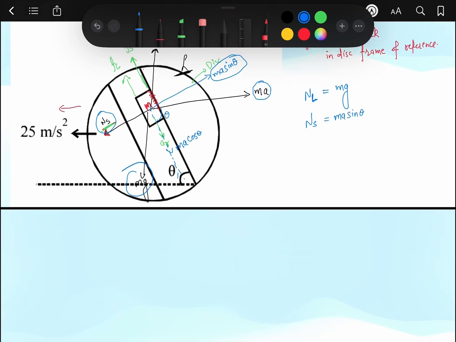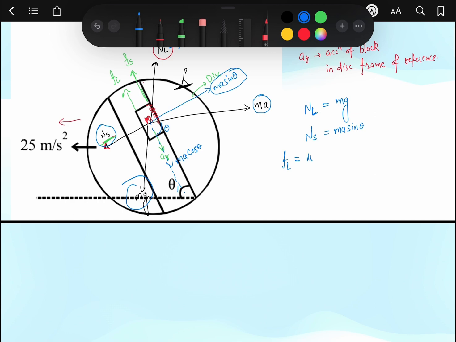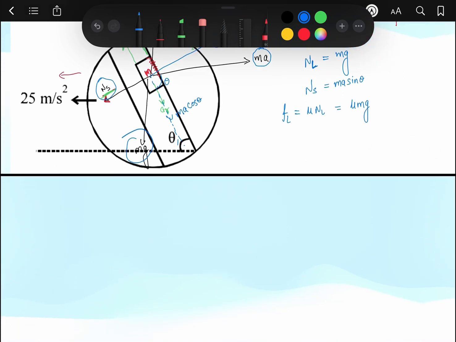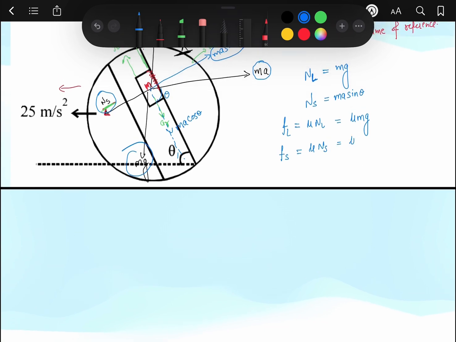So what will be the value of the frictional force due to the contact with the lower surface? That will be mu into NL, which is equal to mu into mg. And the frictional force due to the contact with the side surface will be mu into the normal force in the side surface, that is equal to mu into MA sin theta, right?